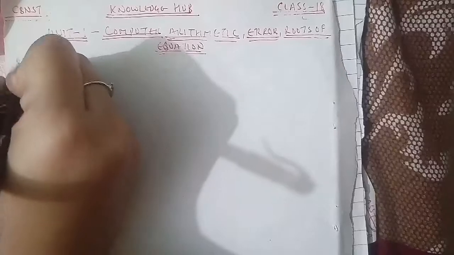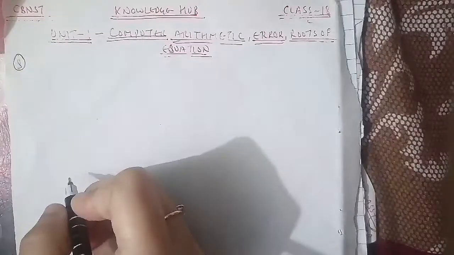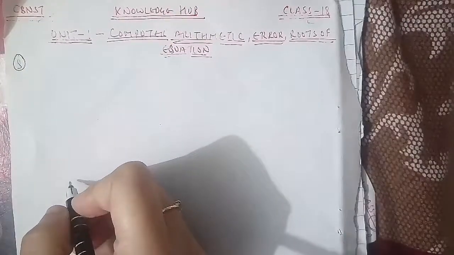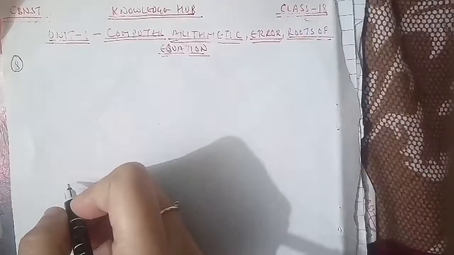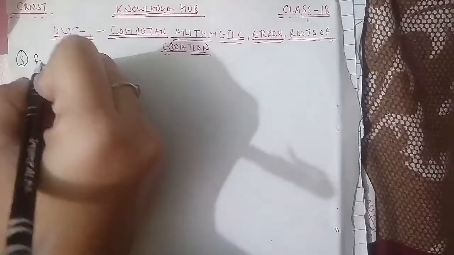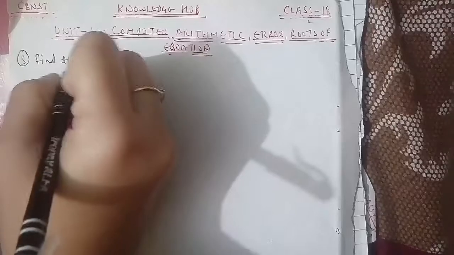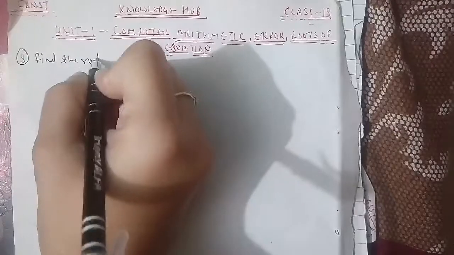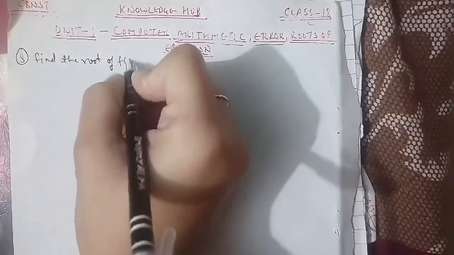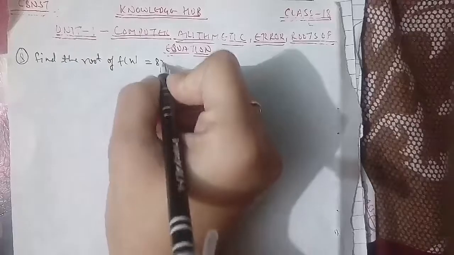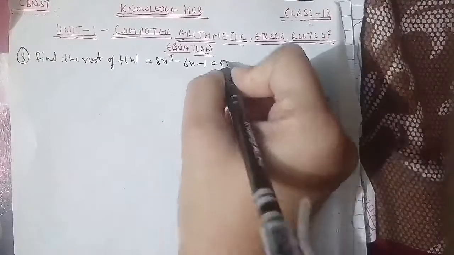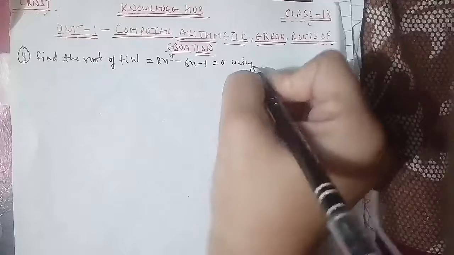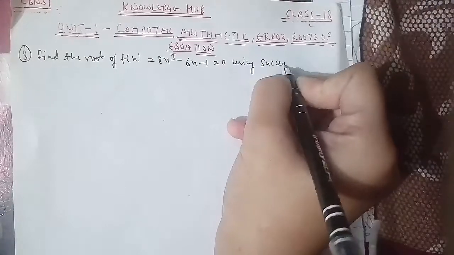So here we go and start with the first question of the session, the 57th question of this unit. Find the roots of f(x) = 8x^3 - 6x - 1 = 0 using successive approximation.